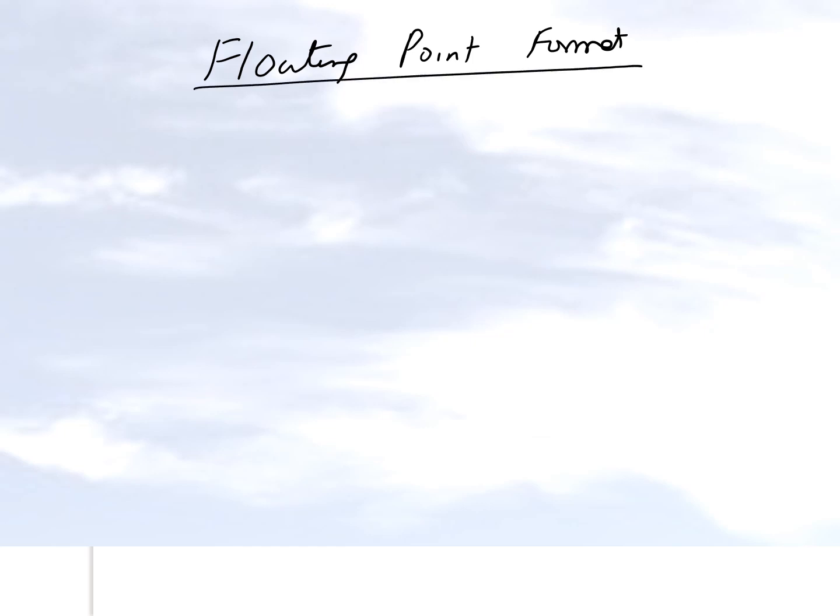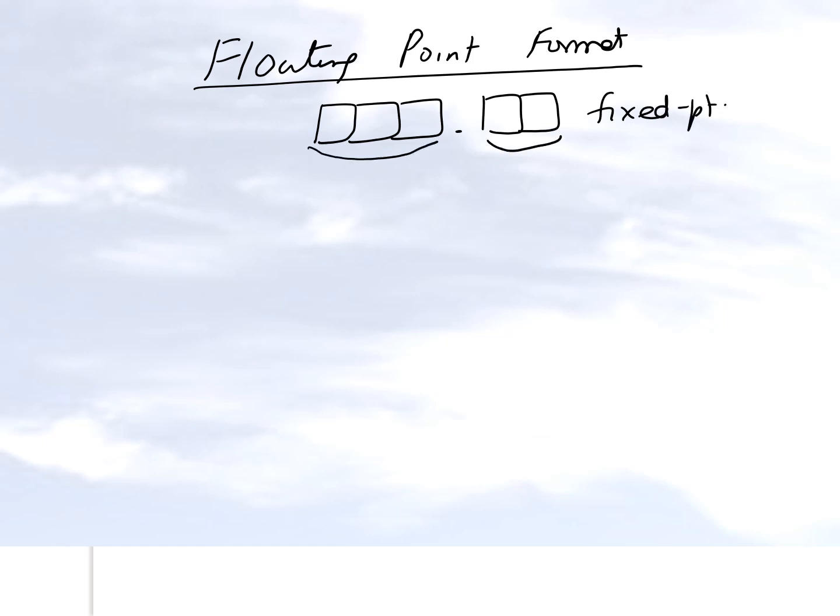Let's talk about the floating point format. If you look at the fixed point format, we said let's take 5 places. This we're taking as an example. So this was the fixed point format, and we had 3 places for the integer part, 2 places for the fractional part.